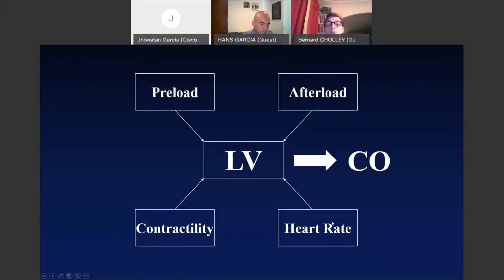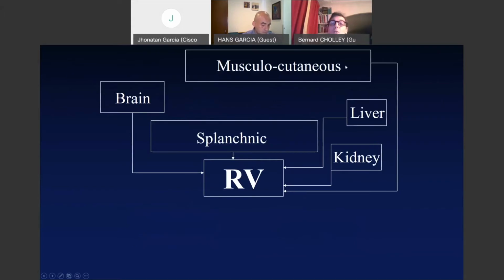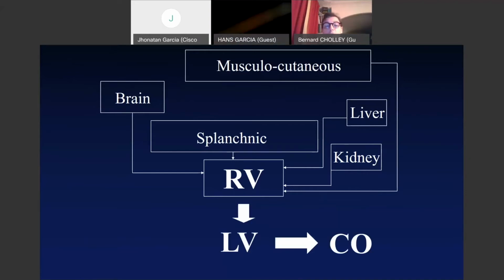But in reality, this is not reflecting what happens, because in reality, each of our organs, the muscles, the brain, the splanchnic system, or the kidneys, the liver, they all request a certain amount of blood depending on their activity and their oxygen consumption. And the venous blood leaving these organs returns to the right ventricle, which pumps the blood that returns to it towards the left ventricle, which in turn ejects the cardiac output.